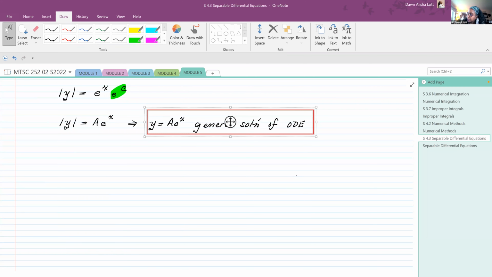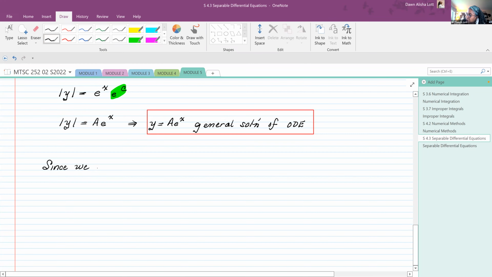All right, so since we are given that y of the natural log of 2 is equal to 4, we must solve for all constants. All righty. So to solve for the constants, I said if x is equal to the natural log of 2, then y is 4.